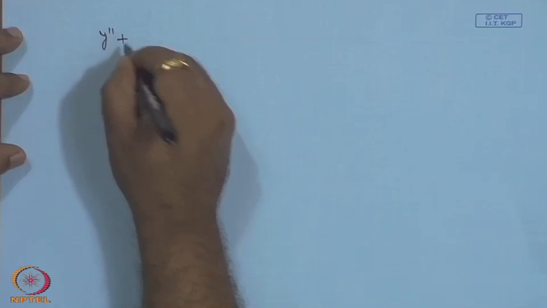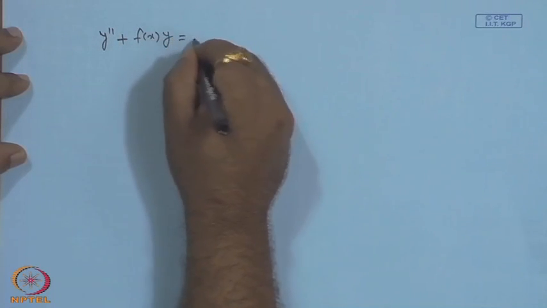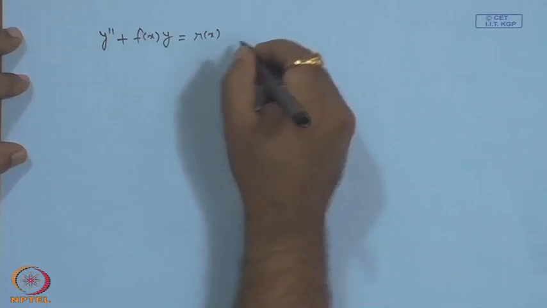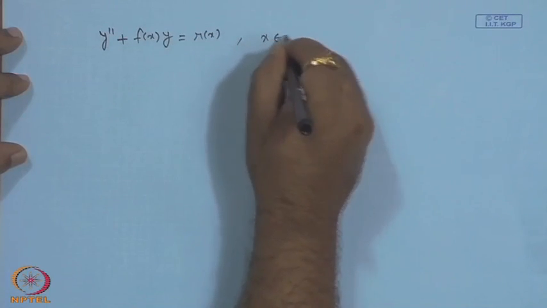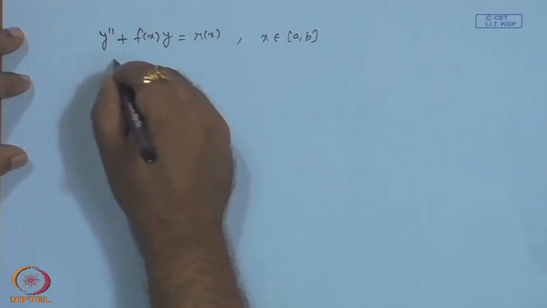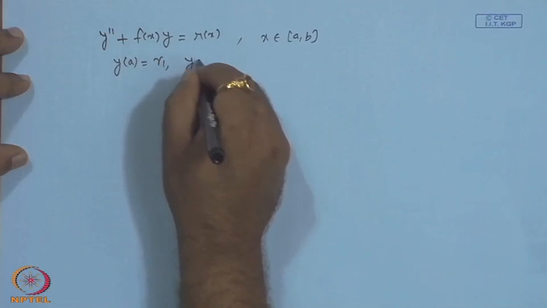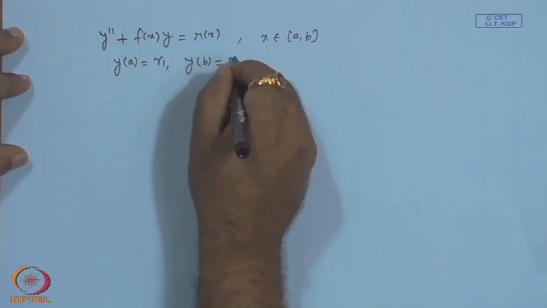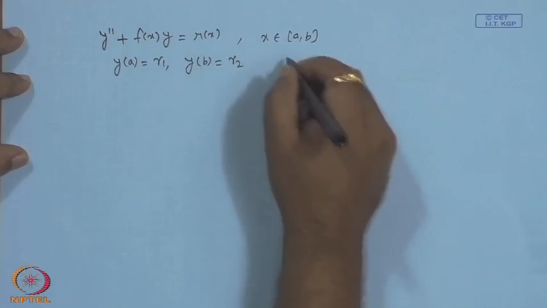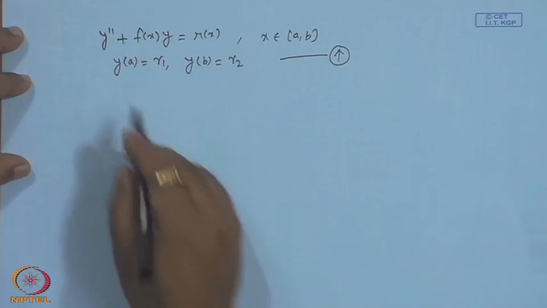Okay. So, we have say a special type, just we consider where x belongs to this interval, with y of a is gamma 1, y of b is gamma 2, okay, right.